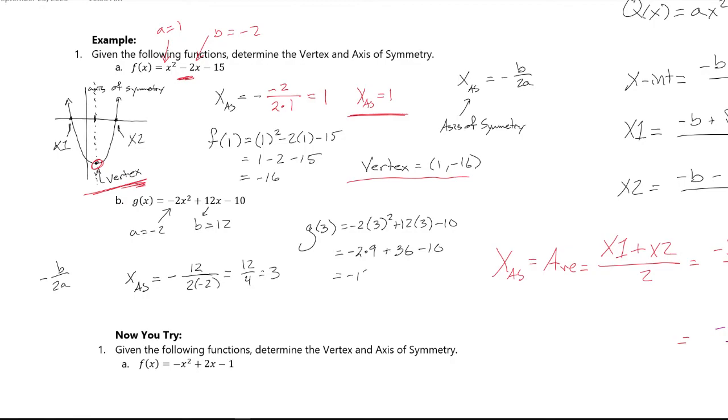So it'll be -18 plus 36 minus 10. And -18 plus 36 is +18. Bring down the minus 10, and that equals 8. So that tells us the y value of the vertex. So the vertex here equals the point 3, 8.